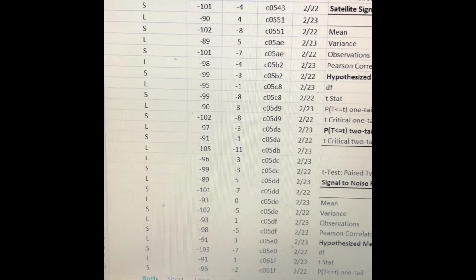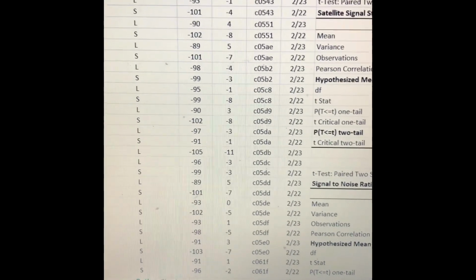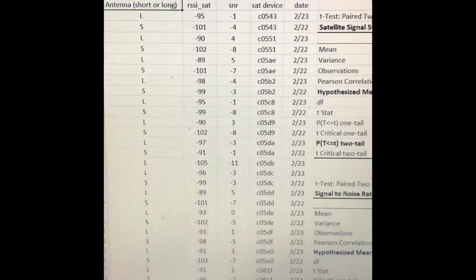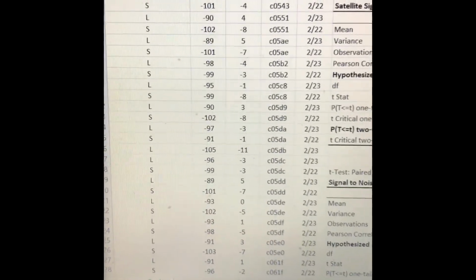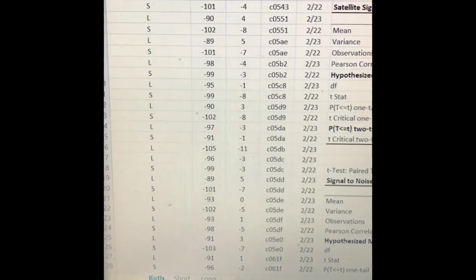In fact, every one of the satellites heard with the short antenna was also heard with the long antenna, plus 3 more satellites that weren't heard by the short antenna. But we're only pairing up the ones that were heard by both for our statistical test.